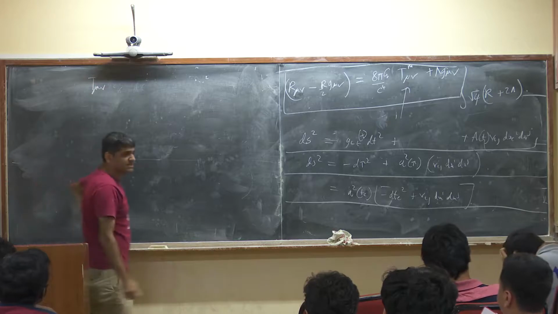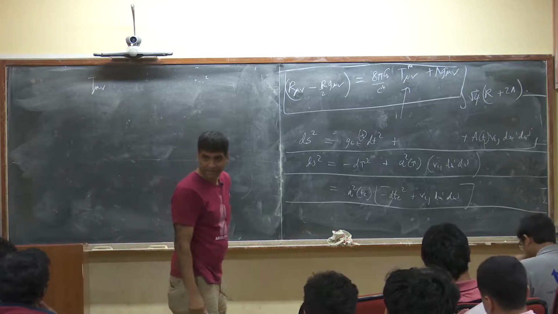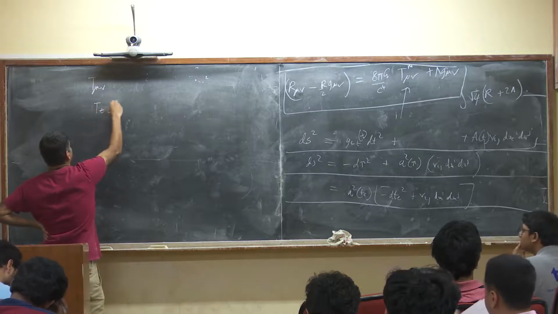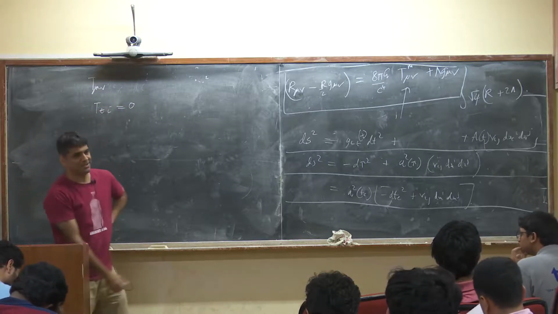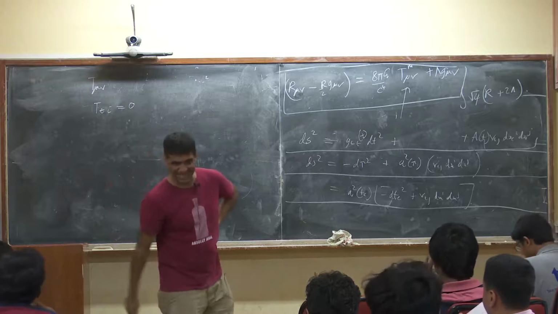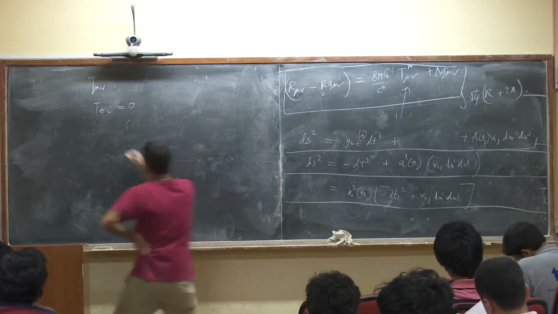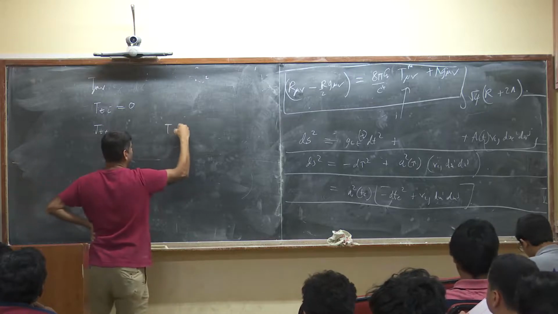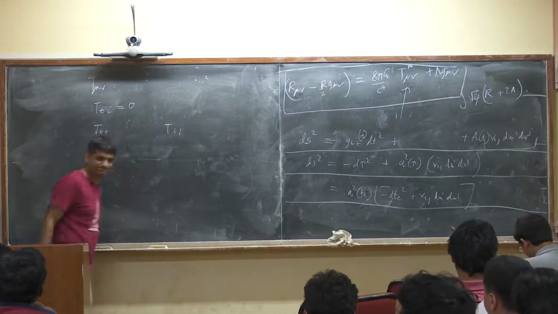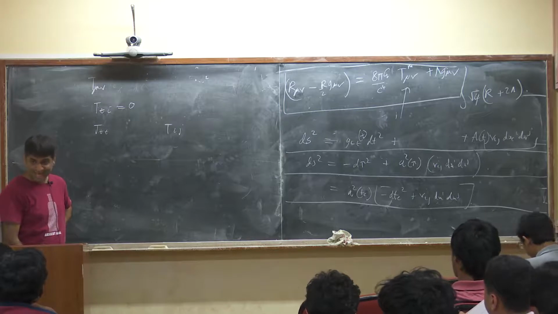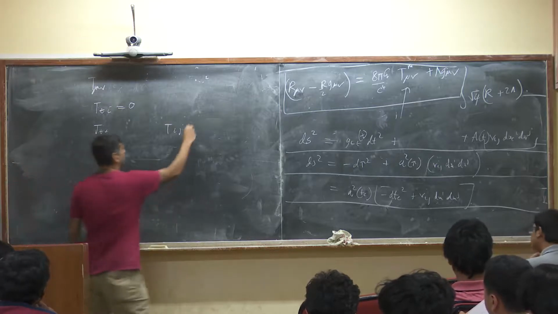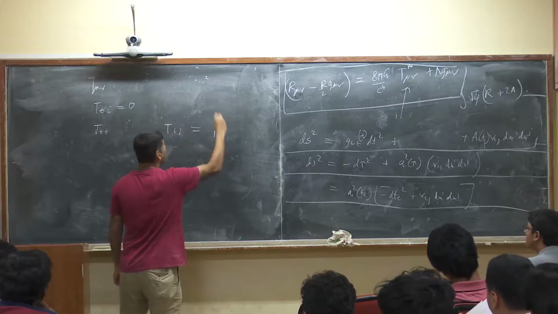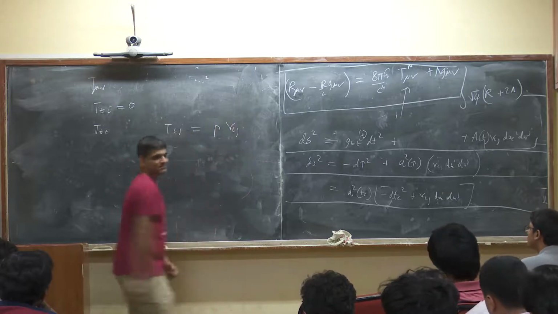T mu nu, firstly, what is its structure going to be? T0i will be 0 because that would break the symmetry. Just like for the metric, we will have Ttt and Tij. But Tij will have to be proportional to P times gamma ij.